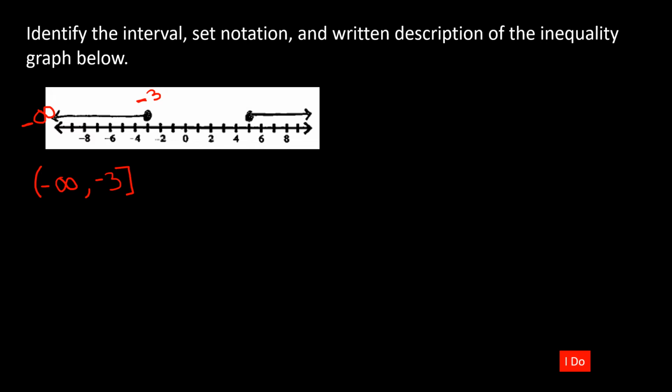Okay, so we're going from 5 to infinity. We see that with that arrow there. So our 5 here would start with a bracket, and we go to infinity, and that would be a parentheses.